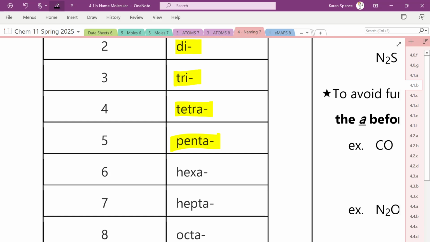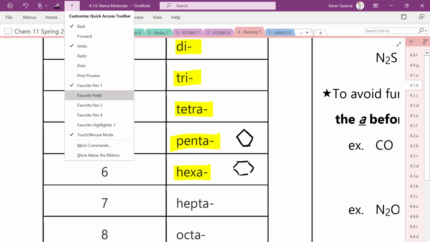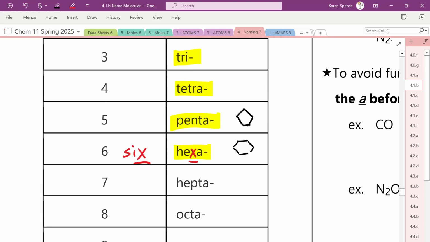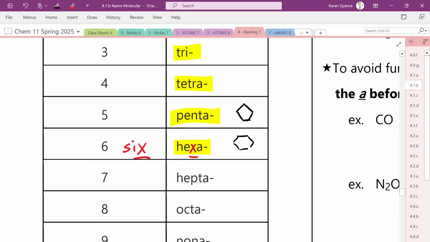Penta, like a pentagon, 5 sides. Hexa, hexagon, 6 sides. Hepta, so hexa is 6. It will help you remember it if you remember that 6 has an X and hexa has an X. Hepta is 7.